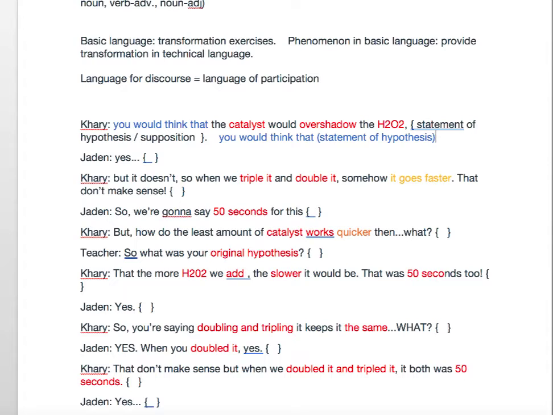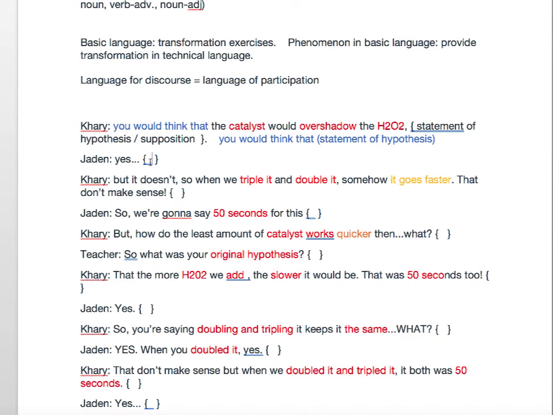I can imagine a language for the discourse objective that is: learners will attempt various ways of expressing doubt and hypothesis through a variety of structures. And that might be one of them.